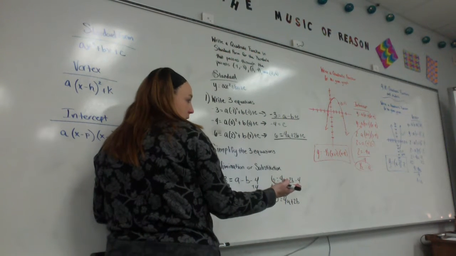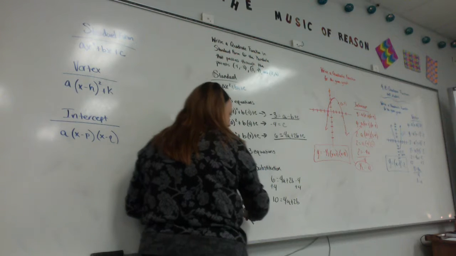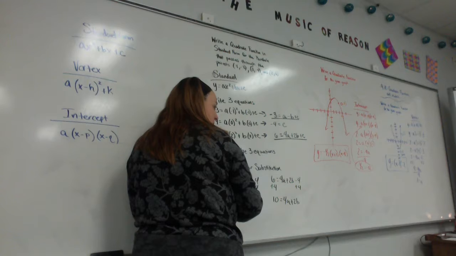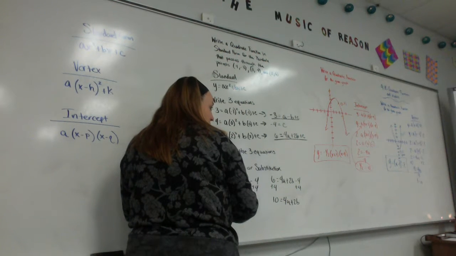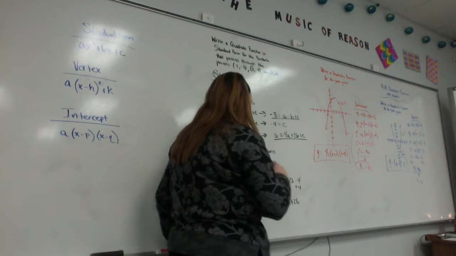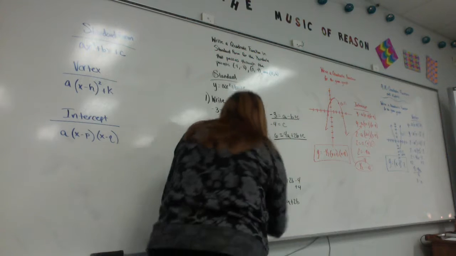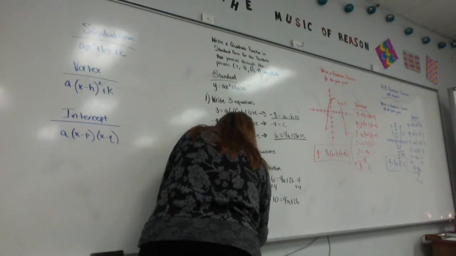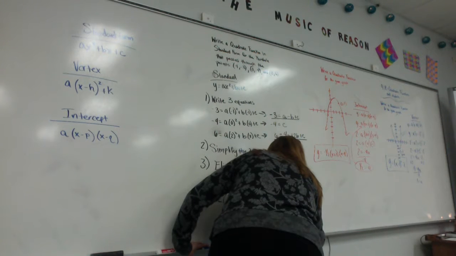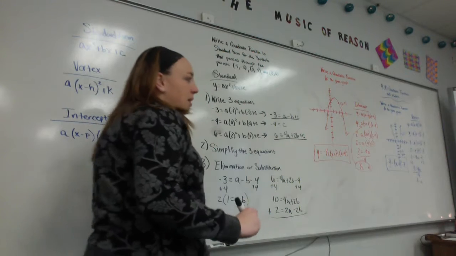B is already negative in this one, and this is A. So it makes it easier if I just take this equation and multiply by 2. And then you get 2 equals 2A minus 2B. And I've set myself up for simple elimination there.